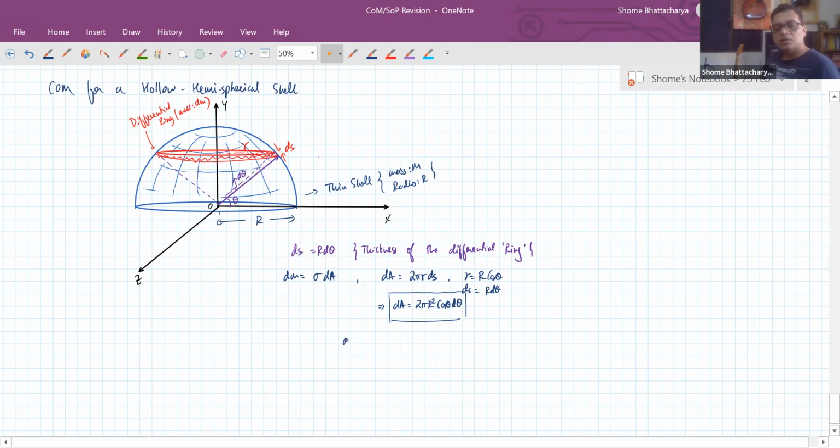So the mass becomes sigma, which is M upon 2 pi R square, because sigma will be mass upon surface area.